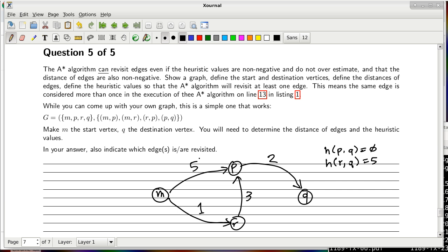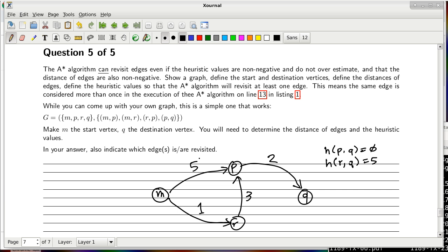The next iteration is going to select between P and Q. The F value of P is going to be 4 plus 0, which is only 4, but the F value of Q is 5 plus 2, which is 7. So it's going to pick P to explore. Once it picks P, it will look at all the outgoing edges of P and find this outgoing edge.